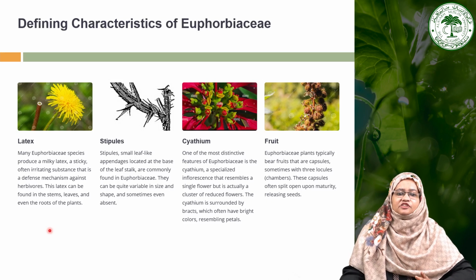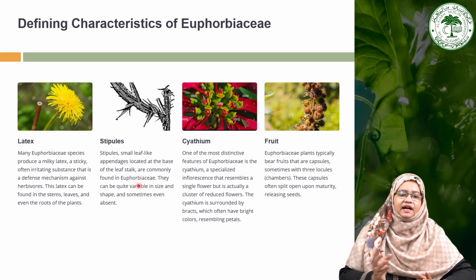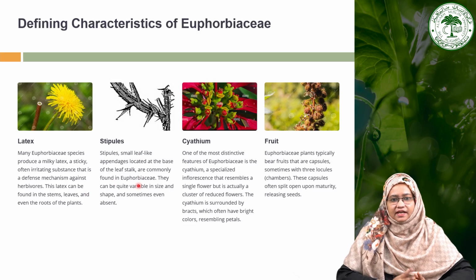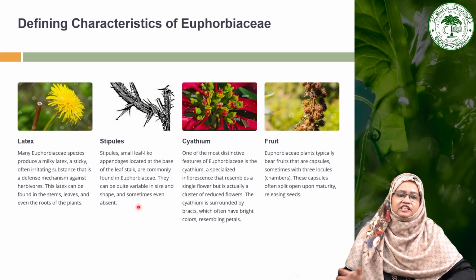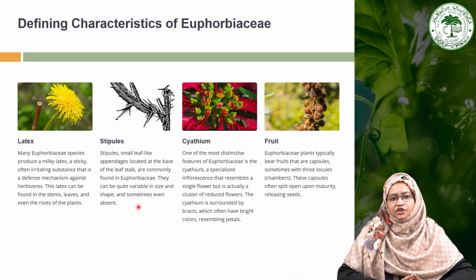Then the next is the presence of stipules, and in some plants these stipules are converted into thorn-like shapes. As you can see here, these are the small appendages at the base of the leaves, and these are quite common in the family Euphorbiaceae.